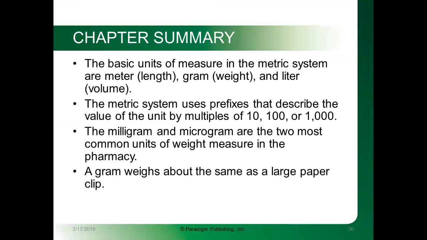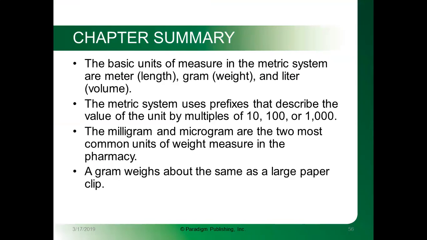So chapter summary. The basic units of measure in the metric system are meters for length, grams for weight, and liters for volume. The metric system uses prefixes that describe the value of units by multiples of 10, 100, or 1,000. The milligram and microgram are the two most common units of weight measured in pharmacy.